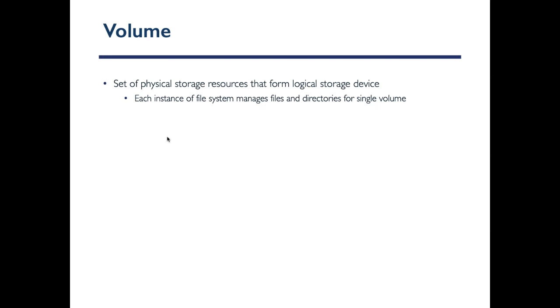Or you could install one file system per disk drive, and in that case you will have as many file systems as you have hard disk drives. The limitation is that you want one file system per logical storage, or per volume.